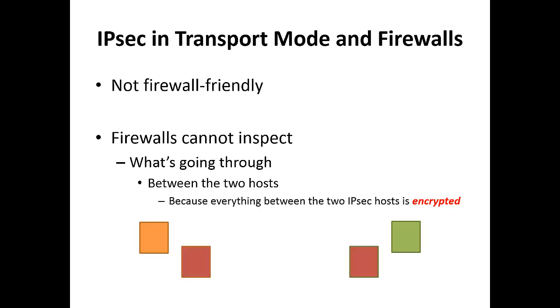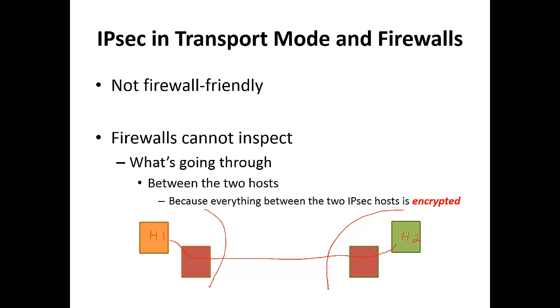So for example, in this figure, let's say these two boxes represent one network, another two boxes here represent another network, and as we already talked about, IPsec host 1 and IPsec host 2, the data going through the network, everything's encrypted.